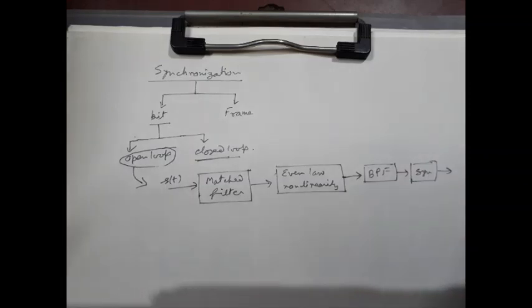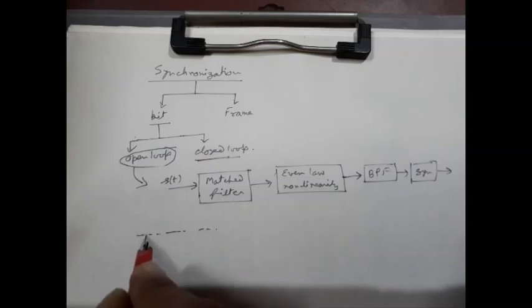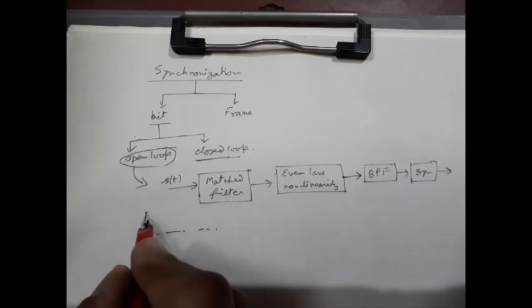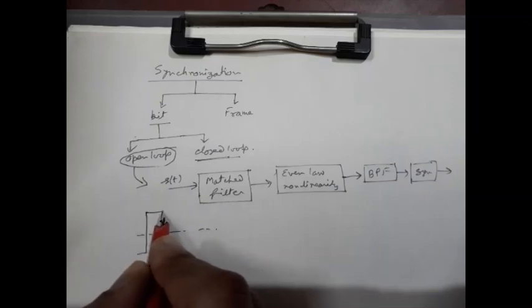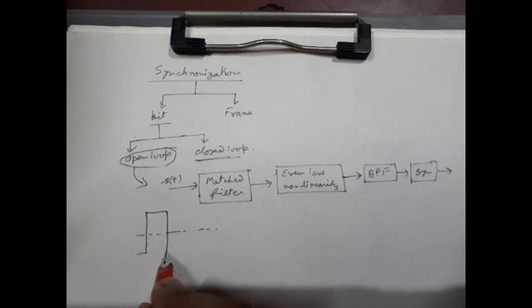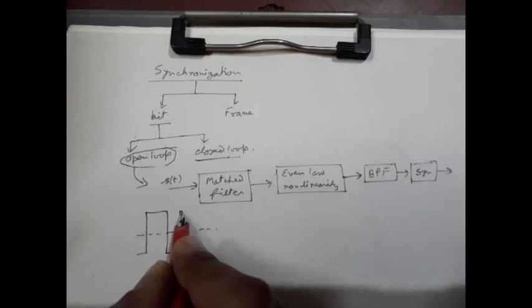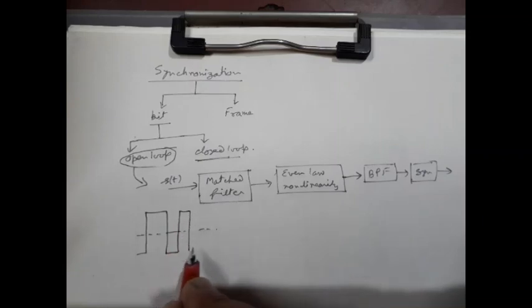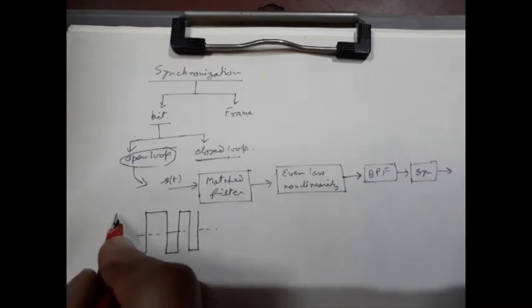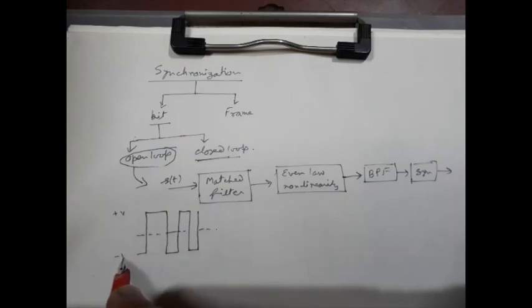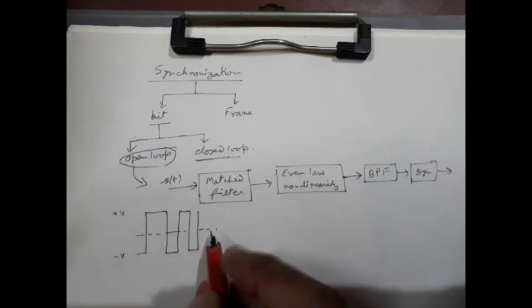To understand this, we will consider an example of, say, bipolar data like this. Say this is plus B, this is minus B, or you can call it plus 1, minus 1.